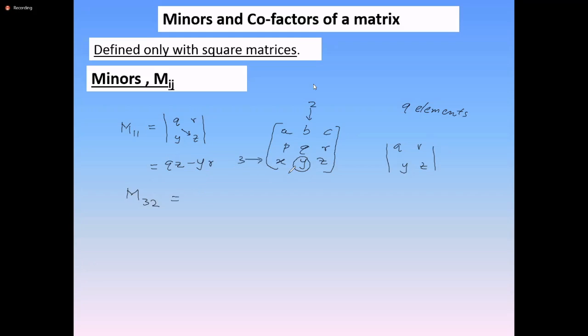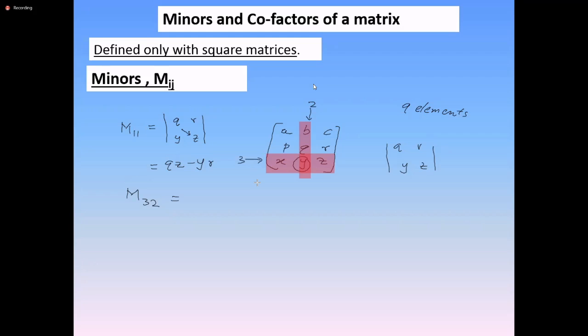Then you delete the column and row which belong to that Y. If you delete this row and this column, Y belongs to the third row and the second column.